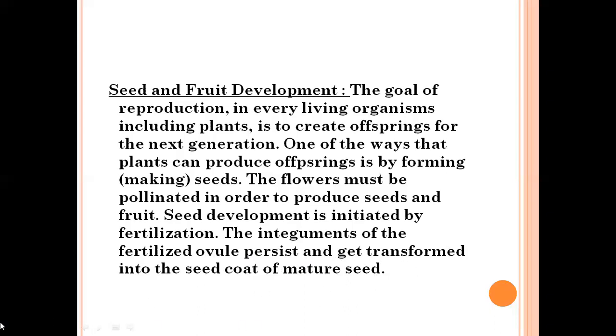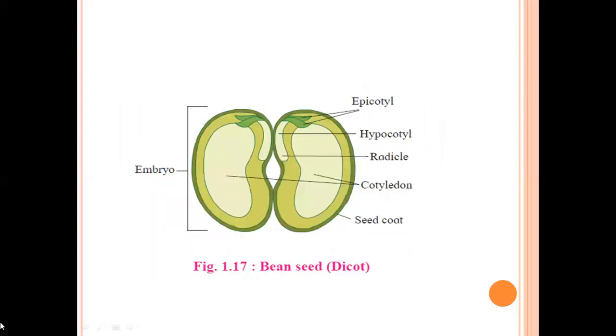So up to this we already discussed. Now what is next? See this diagram. This white colored portion, which occupies most of the area in this dicot seed, is called the cotyledon. It is the structure of a bean seed. This is the LS, longitudinal section of a bean seed, and this white colored structure is called the cotyledon.